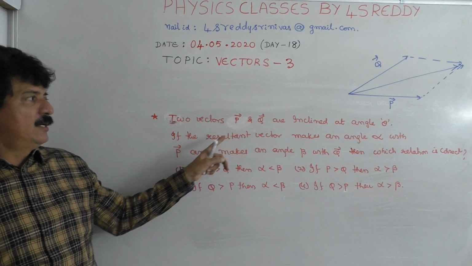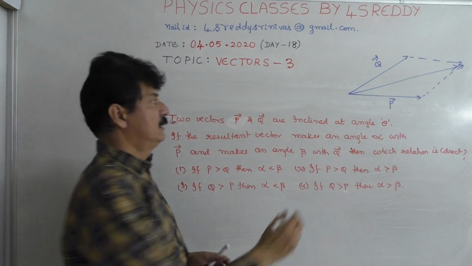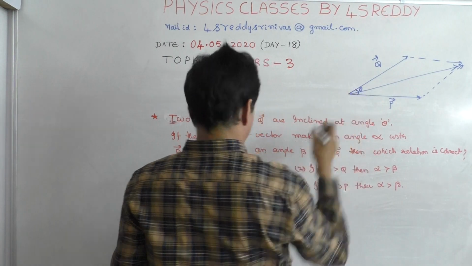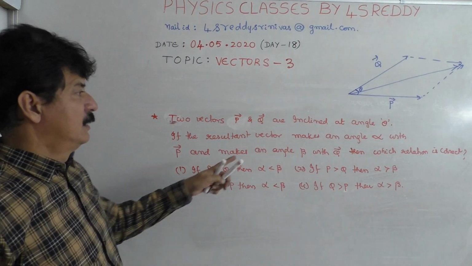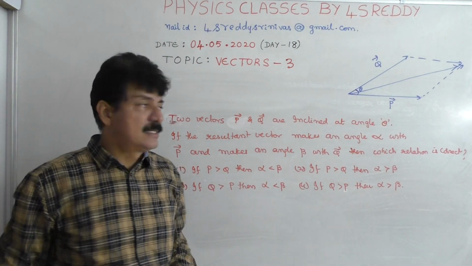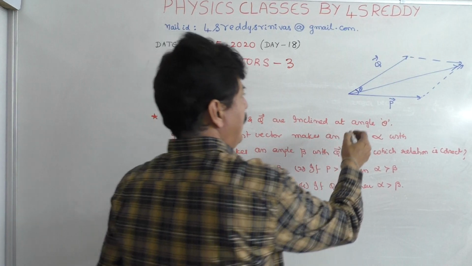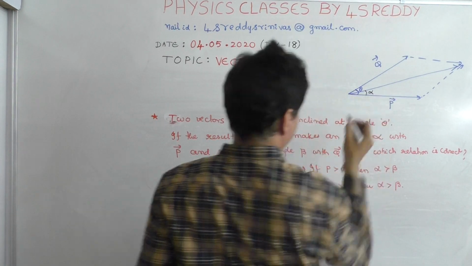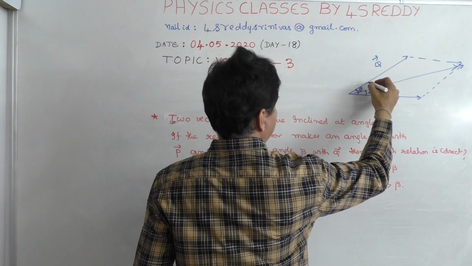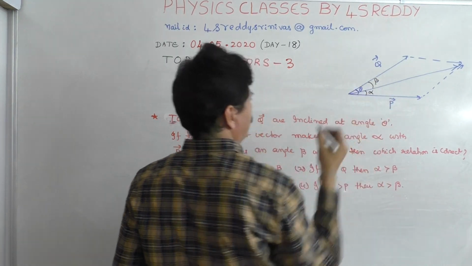So P bar and Q bar are inclined at an angle theta, that's what you are given. The resultant makes an angle alpha with P bar and beta with Q bar.